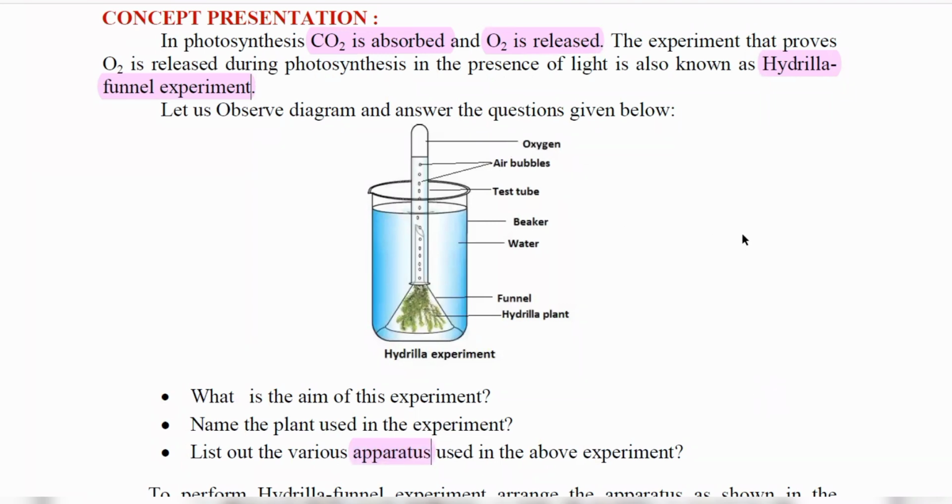So the main apparatus which we use, I will type and explain what apparatus we need. A, P, P, A, R, A, T, U, S. Number one is beaker.